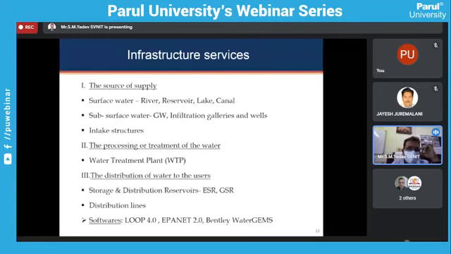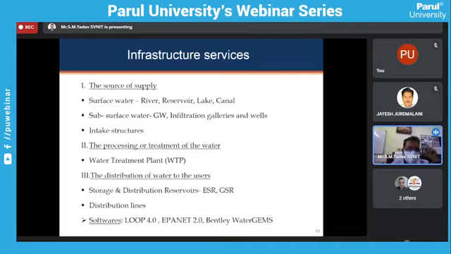When we talk of infrastructure facilities of a water supply scheme, we need to identify the source. The source can be surface water, which may be a river, reservoir, lake, or canal. It can be subsurface water, that is groundwater, infiltration galleries and wells, and intake structures.